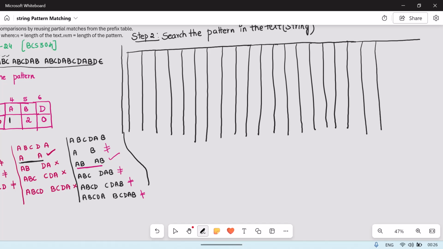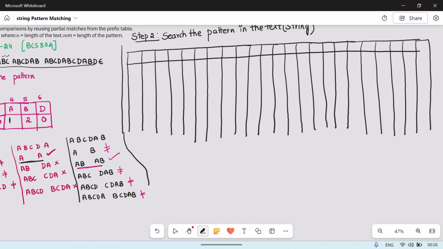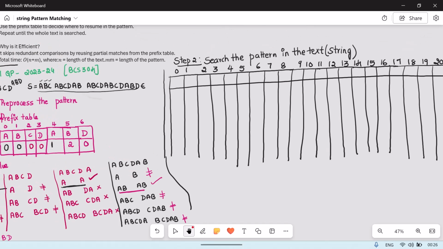Put the indexes also. Okay. Put the indexes. Okay. Do this in the exam also. Now write the characters here.